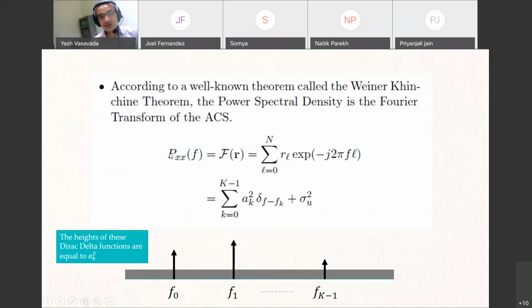And that is what this power spectral density tells us: there are k exponentials located at each of these f of k's, and furthermore, their heights are given by ak squared. So this answer that we got matches very much with the narrowband assumption that we started out with in terms of the source model.